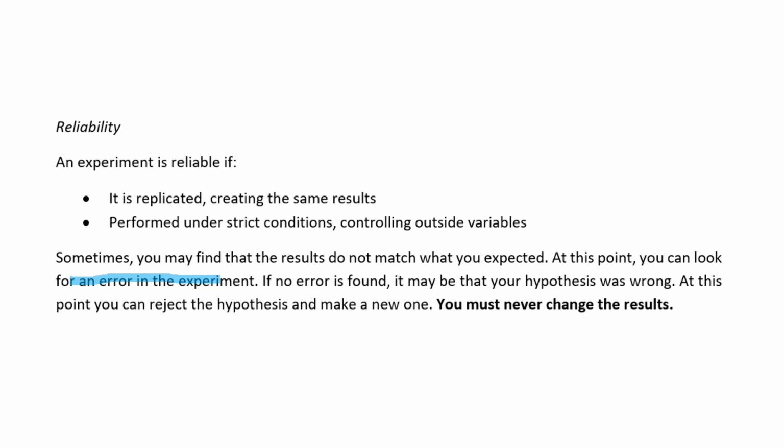Once you do the experiment, you get the data from the experiment, you can never change those results. They are the results that you got. If they don't match your hypothesis, there may be a mistake in the investigation, or the hypothesis might not be true. But you never change the results.